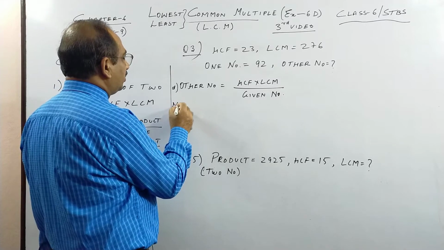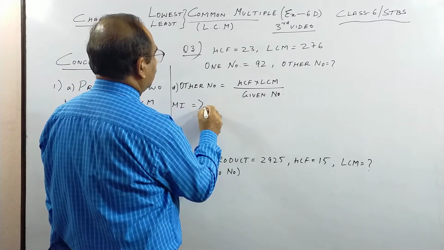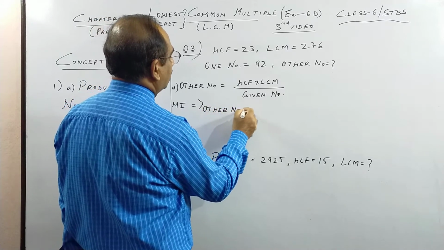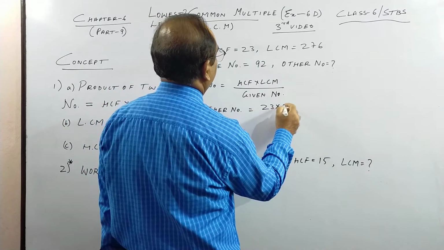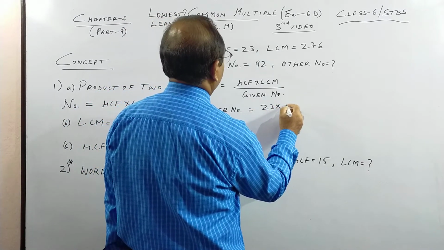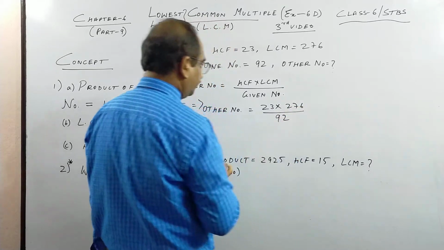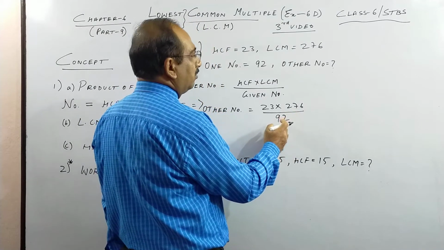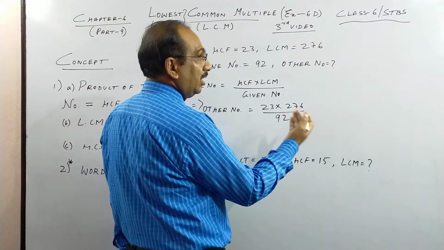So let this be my method 1, where the other number is a direct application of HCF into LCM by the given number 92. We cancel. Actually, if you know mental math, 9 threes are 27, 2 threes are 6. But maybe it will be hard for you in class 6.